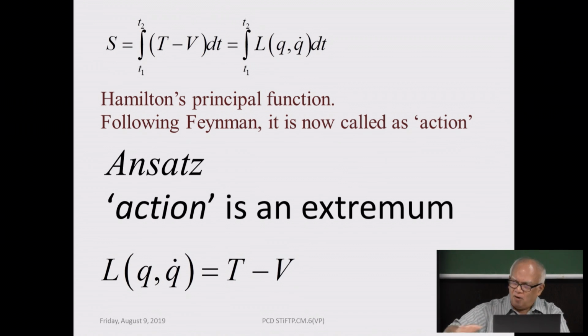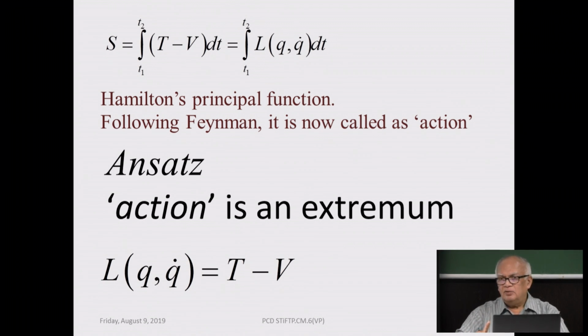All dynamics, all motion, how planets go around the sun, all of this happens according to a certain principle, which is a variational principle. The ansatz of that principle is that action must be an extremum.